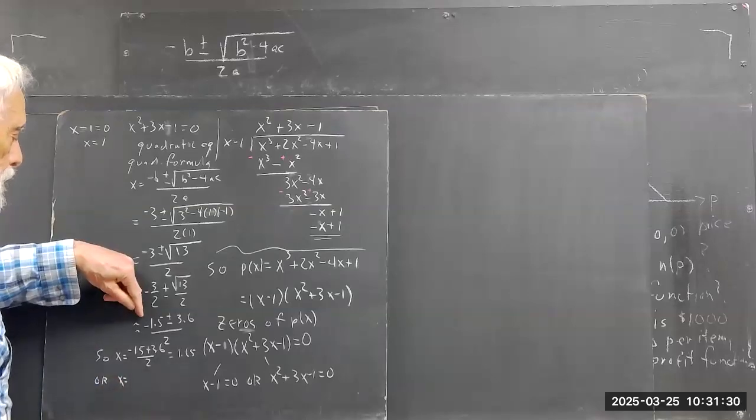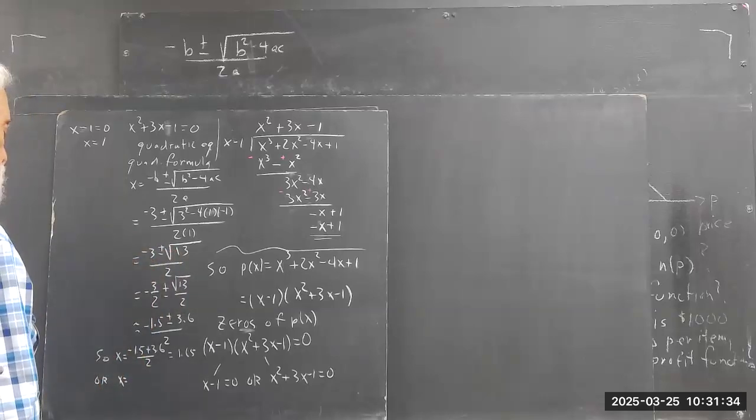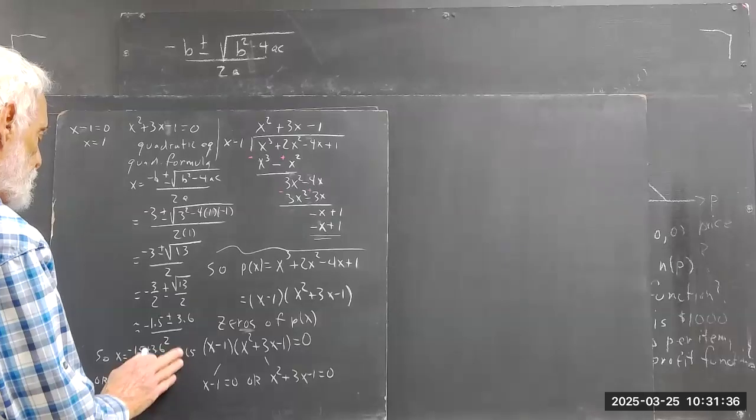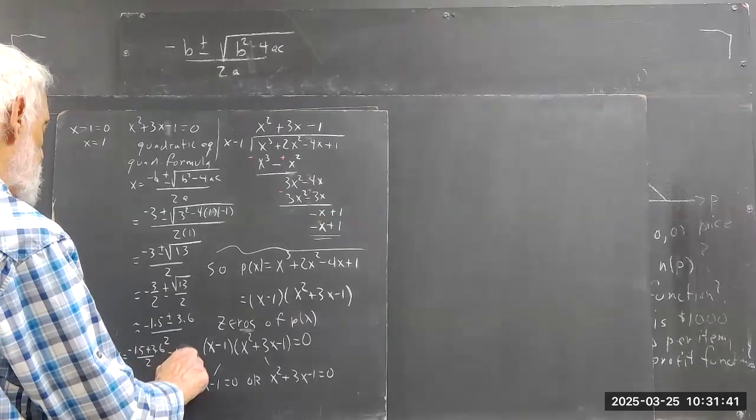So x is this plus 3.6 over 2, which is, I got that wrong, that was like 2.1, it's like 1.05.